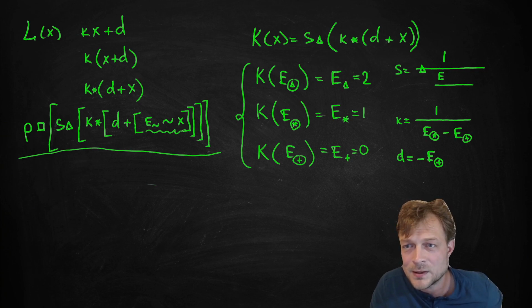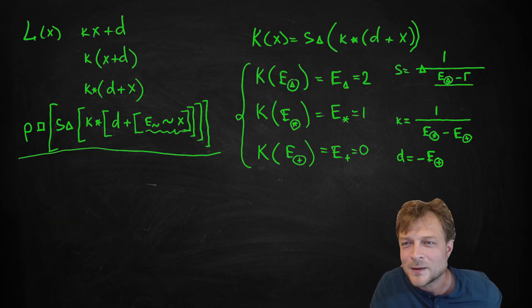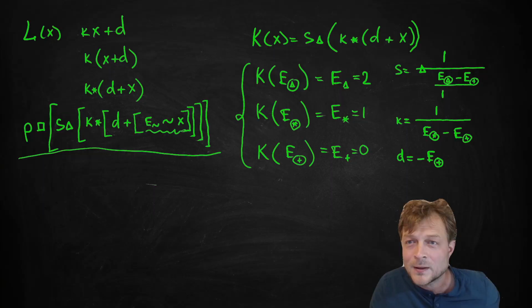Here is e triangular minus e plus. Here is e multiply minus e plus.